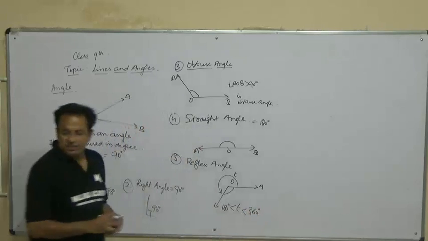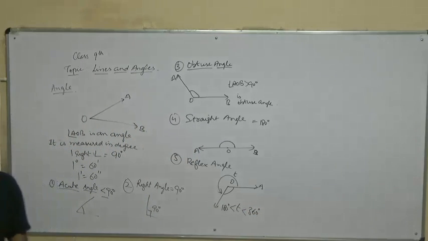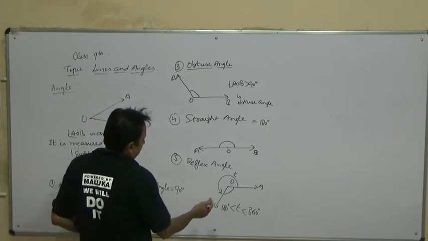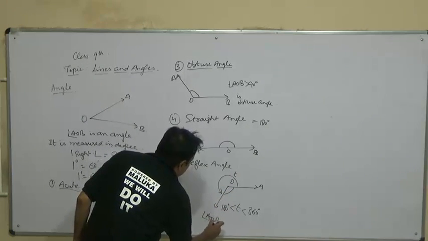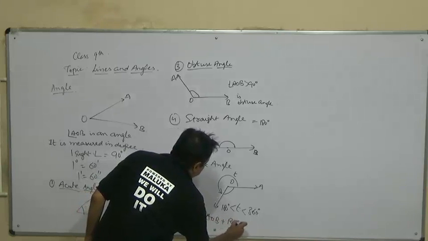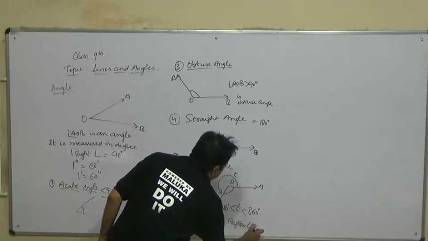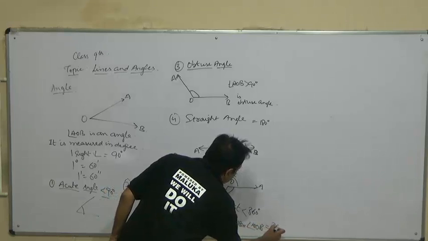So any angle which is greater than 180 degree and less than 360 degree is known as reflex angle. So for example, we can say that this is reflex of AOB. So an angle plus reflex of angle AOB is always equal to 360 degree.